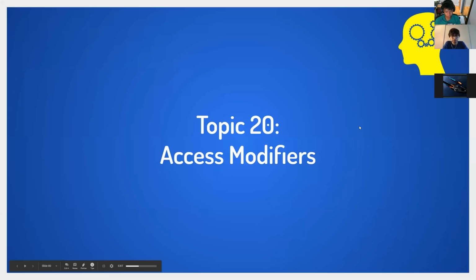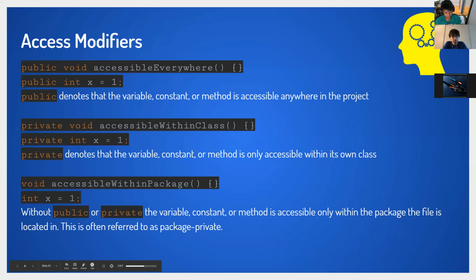Just to go over it really quickly, we have access modifiers. Public means that a variable, a constant, or a method can be accessed anywhere in the project, no matter what package it's in. Private means that the variable, constant, or method is only accessible within its own class.